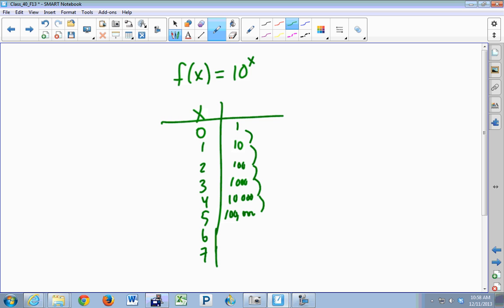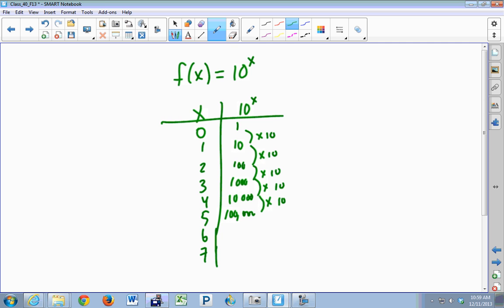That's what defines exponential growth. Instead of a straight line, where you add a number from one value to the next for each unit increment, with exponential growth it's getting bigger by a constant multiplier, a factor of 10.